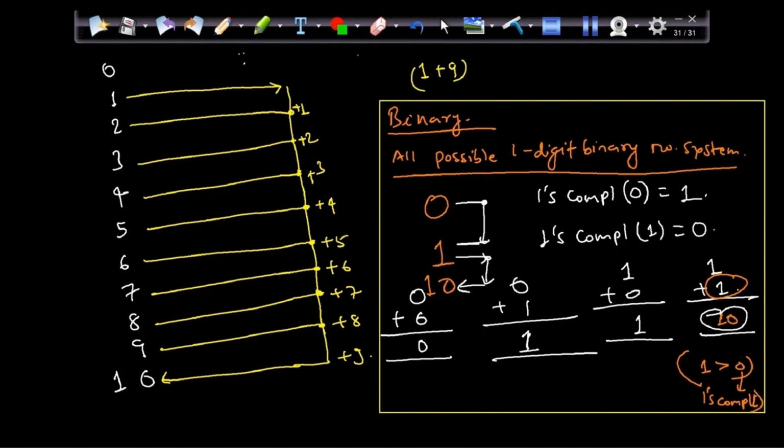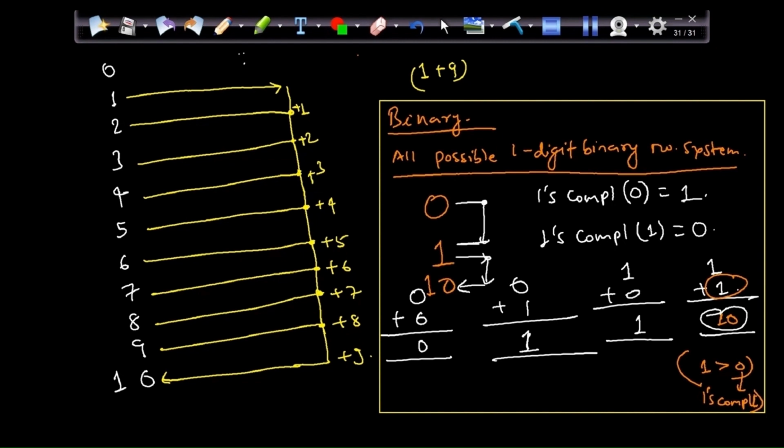Okay? Then the reason is when you add a complement to the number, the result that you get is the largest possible number in those many digits already. So if you are adding something greater than the complement, then of course you will get a number which is greater than the largest possible number in that number of digits.